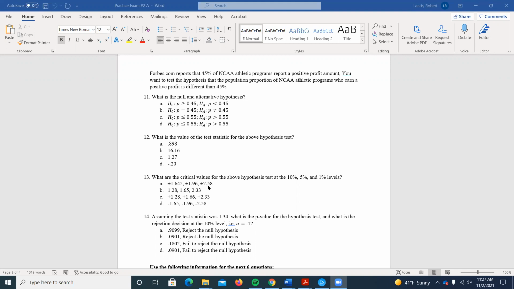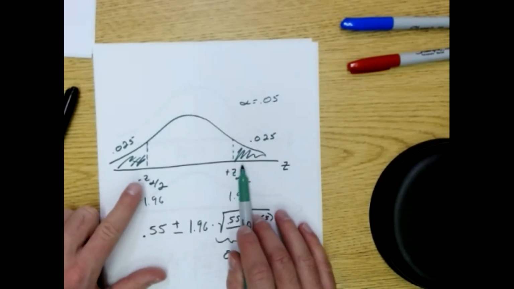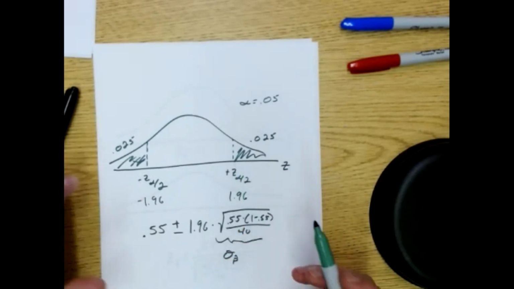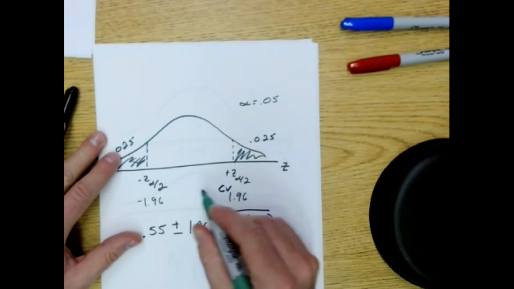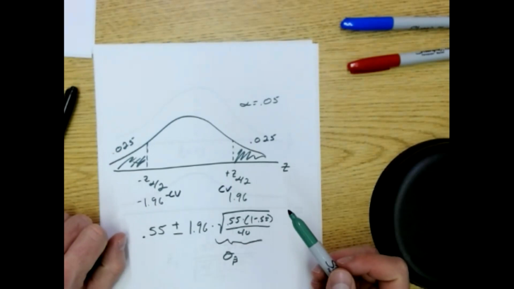So the next thing is, what are our critical values? Well, first of all, if we've got a two-tailed test, it's almost like we're thinking about a confidence interval, because we've got half of alpha in each tail. So all our critical values are the z values that give us the desired alpha over 2 in the tail.